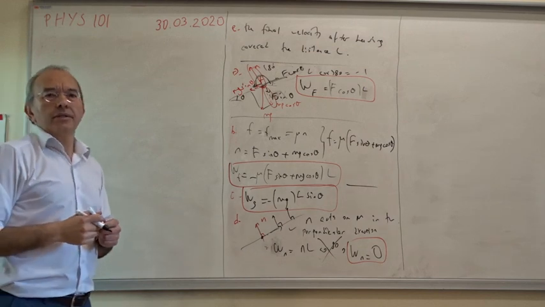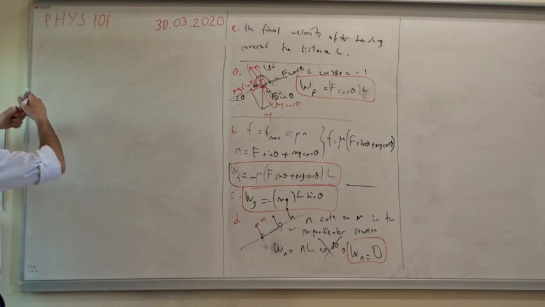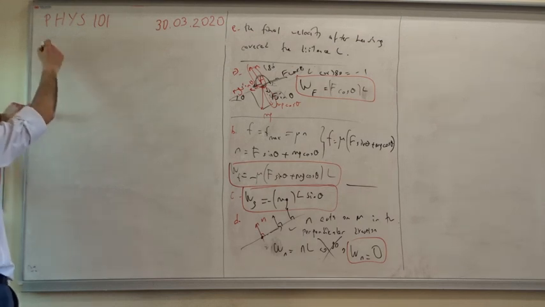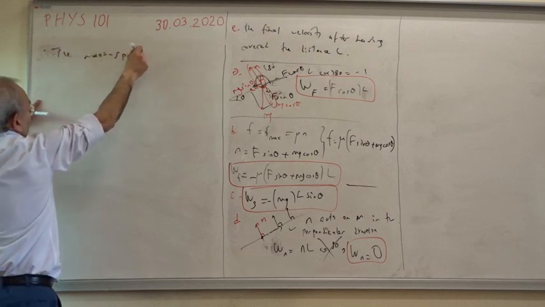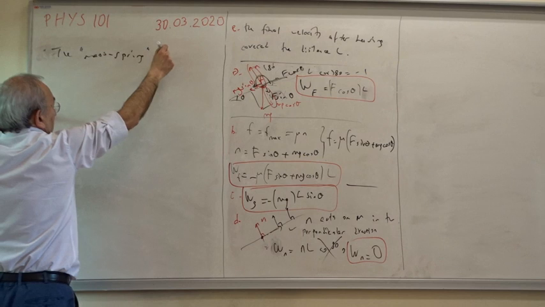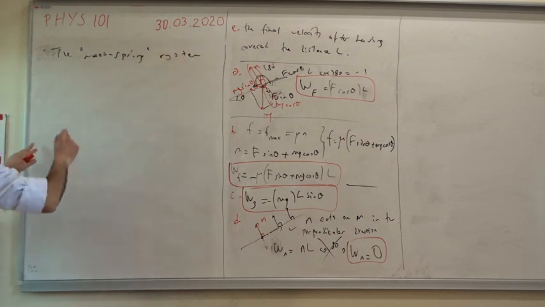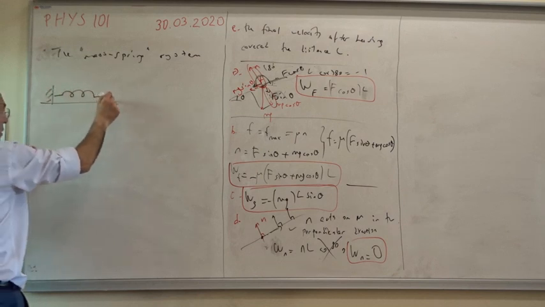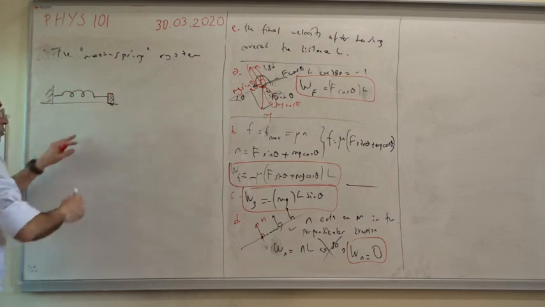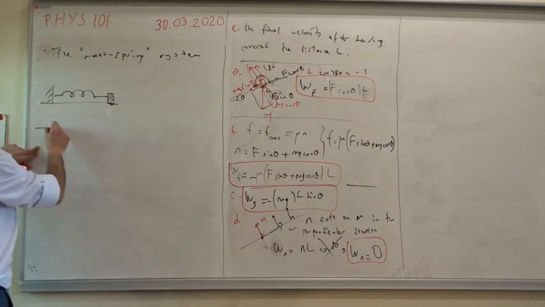Now we have seen previously the mass spring systems. The mass spring system was the following. Let's remember that. We had a spring and a block attached to it at one end. The other end was fixed.